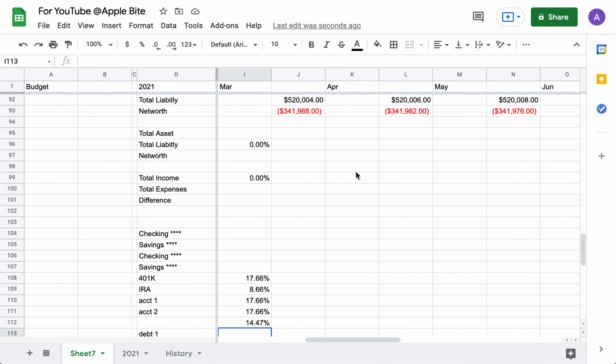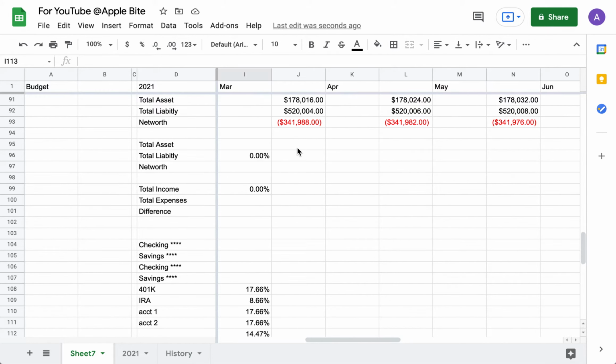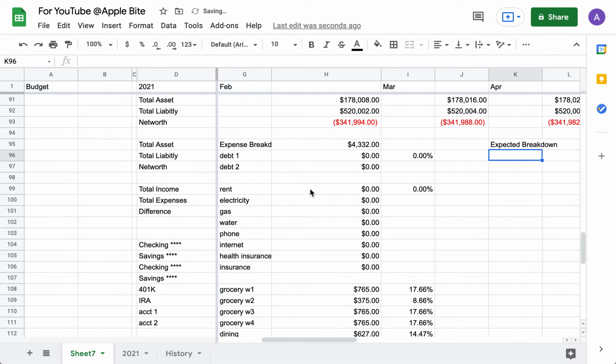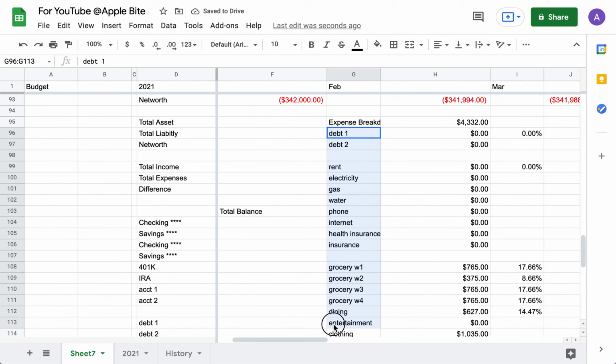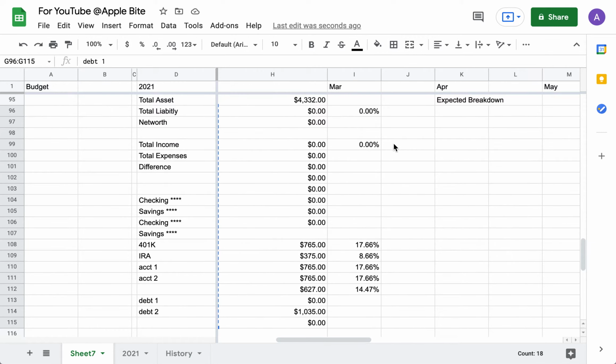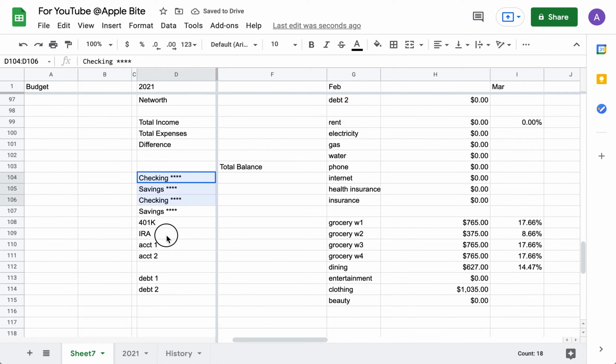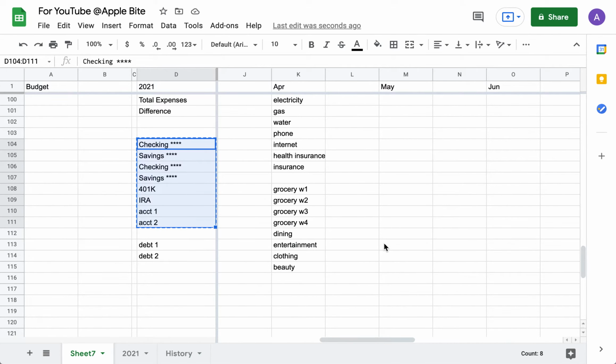And then the next thing is something I call expected breakdown. So we will include the expenses category, as well as your assets category.